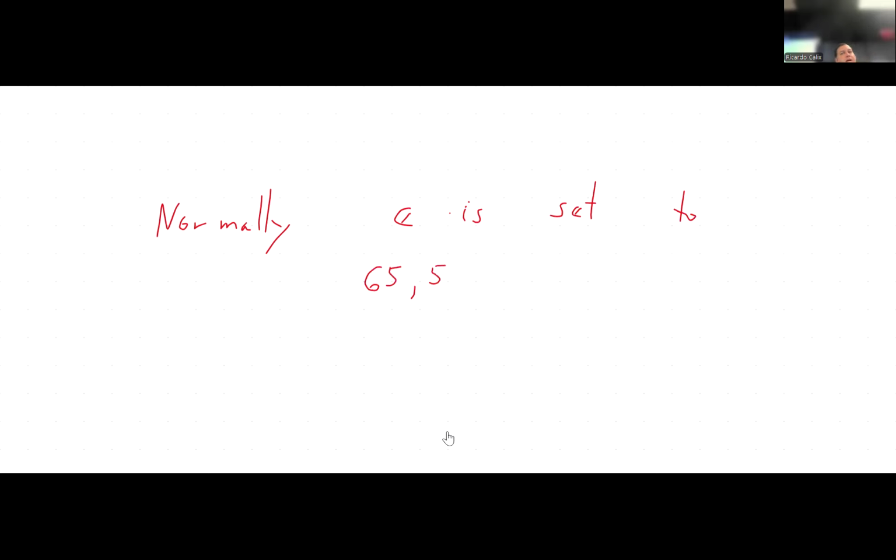That's a fun exercise: find some phi values, and calculate the GCD between 65,537 and that phi value.